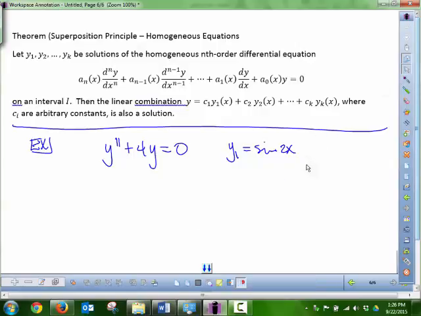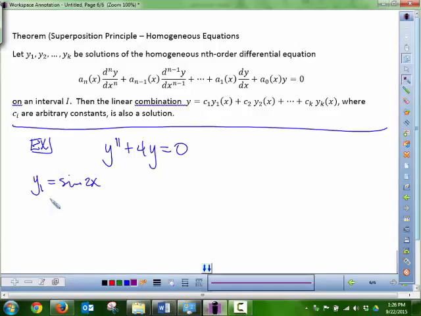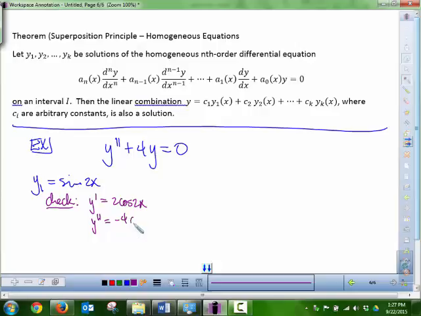We need a couple of derivatives. And then let's put it back into the original equation.